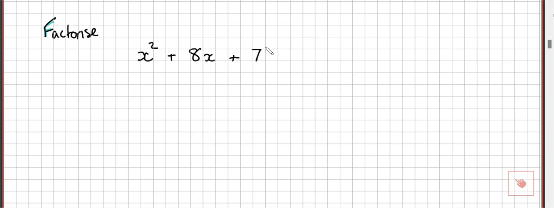Okay, so we want to factorize. Now that means we need to put it back into the brackets that it was in the other. So this is, as you are aware, expanded form. And we want to go to factorize.